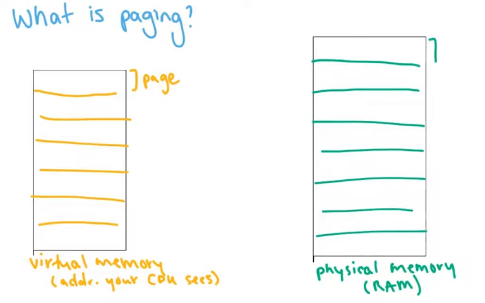So each one of these is a frame. Now, usually page size is going to be equal always to frame size. And this will make sense when we talk more.